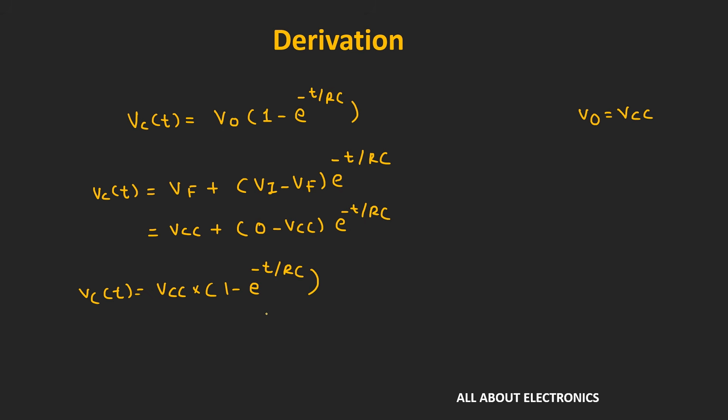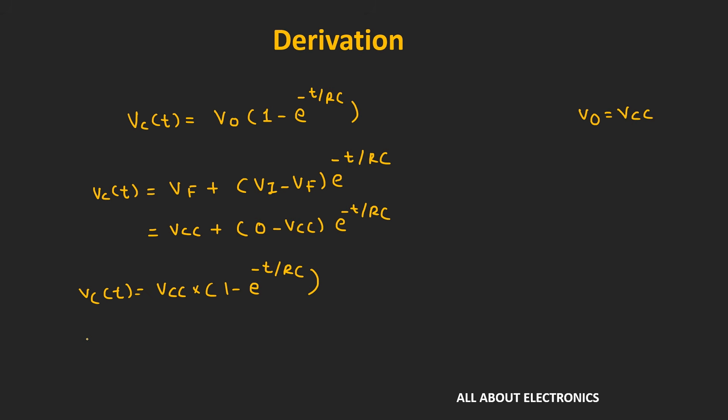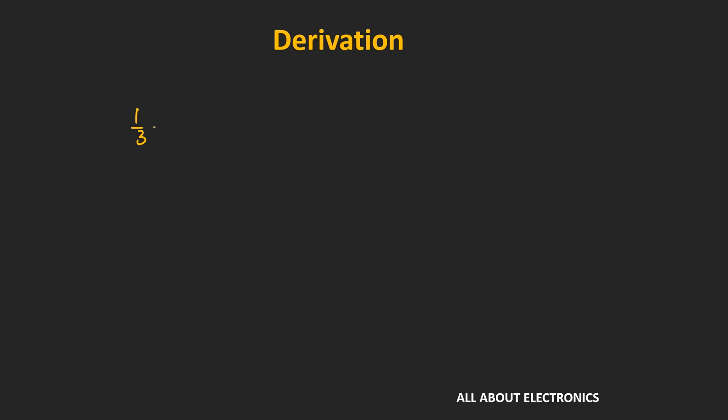And over here, we want to find the time t1 where the voltage of the capacitor reaches 2 by 3 VCC. So at that time, the voltage of the capacitor will be equal to 2 by 3 VCC, and this expression can be written as VCC times (1 minus e to the power minus t1 divided by RC). If we simplify this expression, then we can write it as 1 by 3 will be equal to e to the power of minus t1 divided by RC.